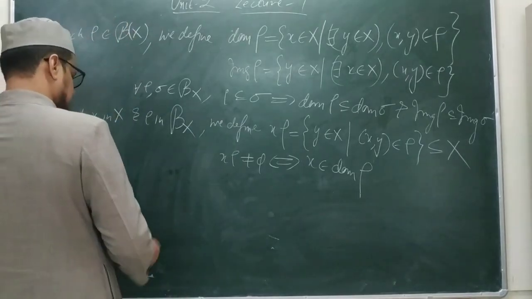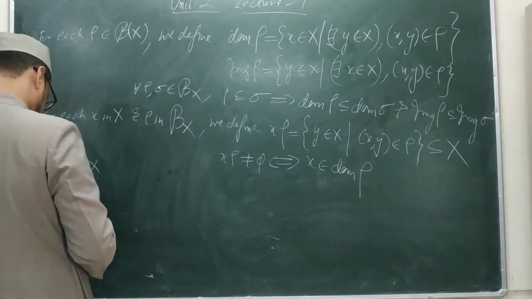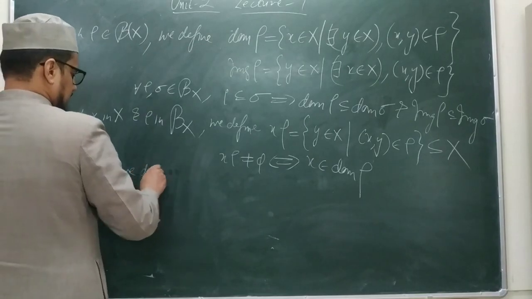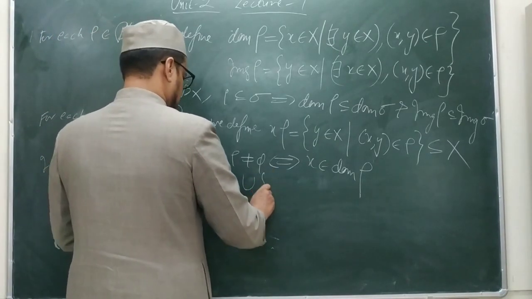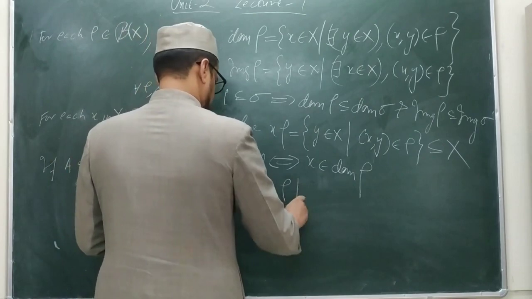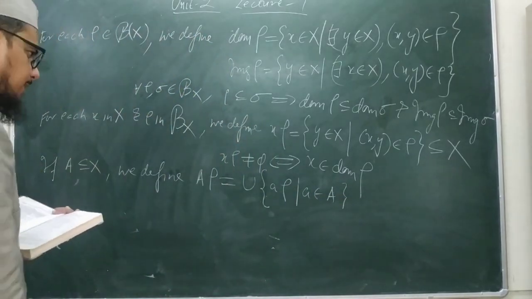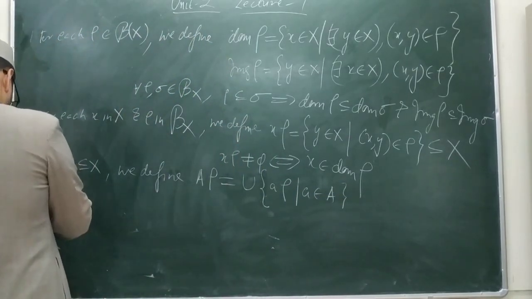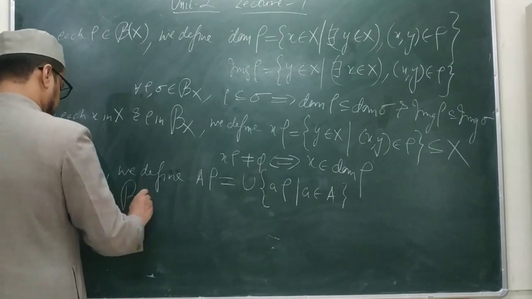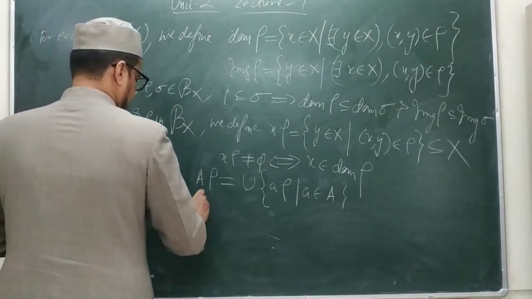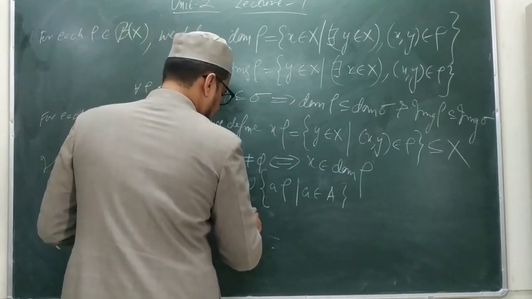Now, if A is a subset of X, we define A row as the union of a row, where a belongs to A. And for each row in Bx, we define the converse of row.